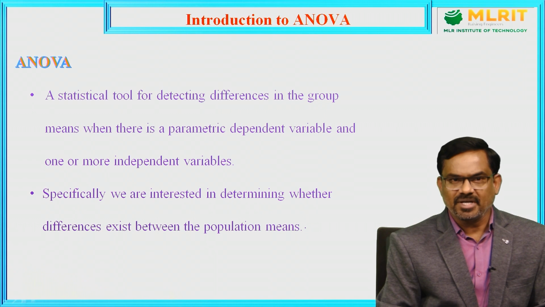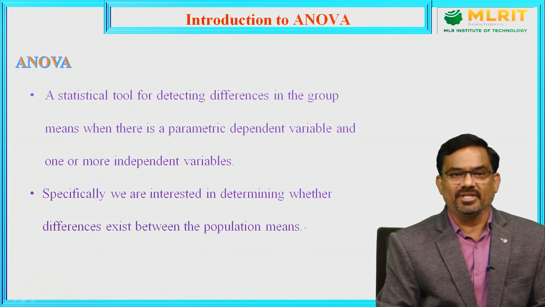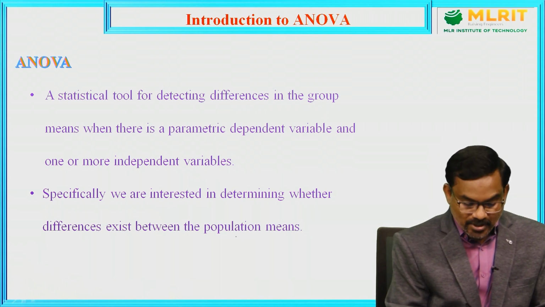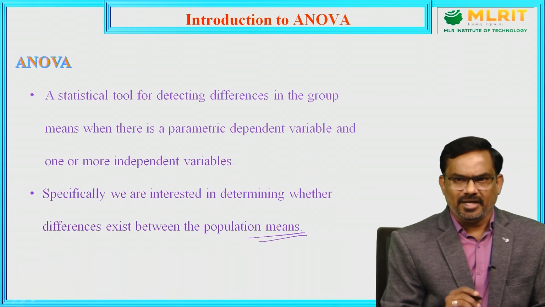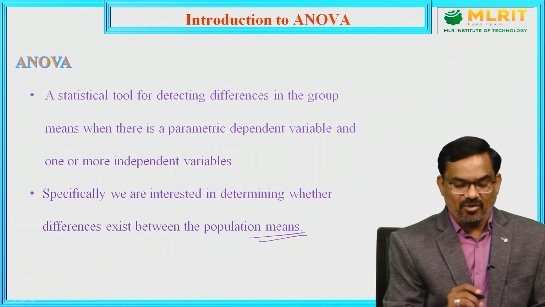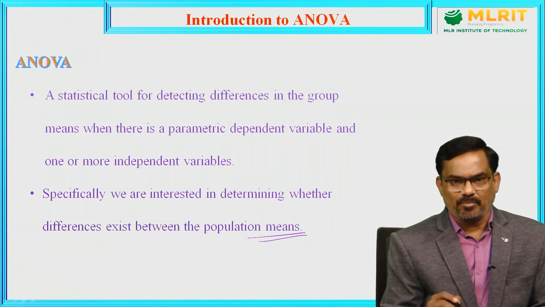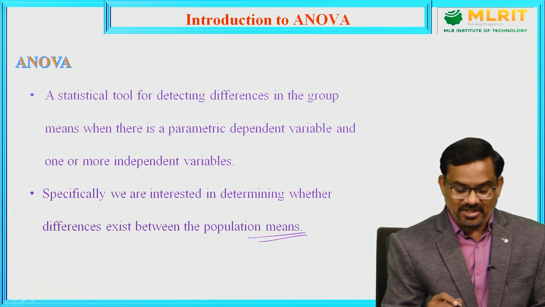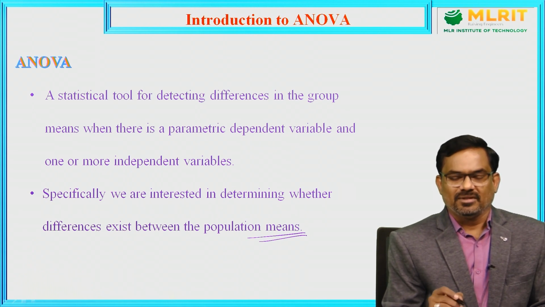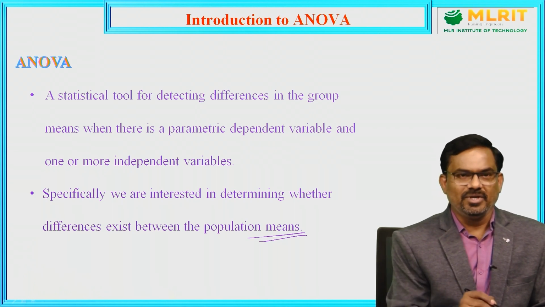Specifically, we are interested in determining whether differences exist between population means or not. In particular, ANOVA can be applied when the problem is related to 3 or more populations, to test whether there is a difference between the population means.